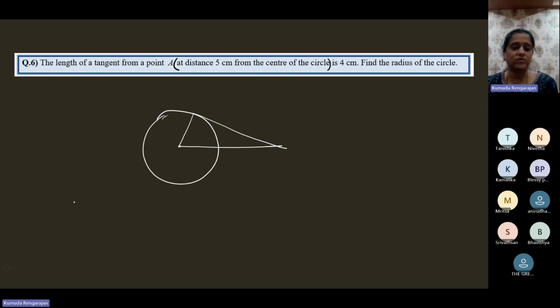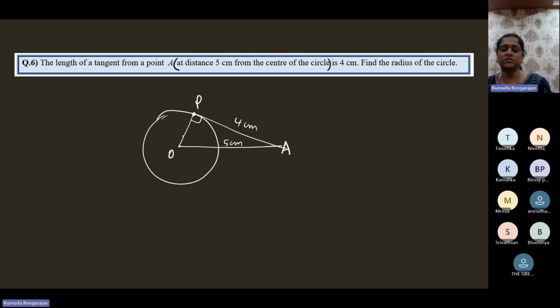You need to read it carefully. A is the external point. Nothing is said about this, so we'll just call this P. The distance of A from the center is 5 centimeters. The length of the tangent is 4 centimeters.